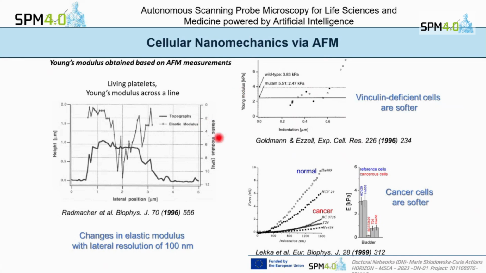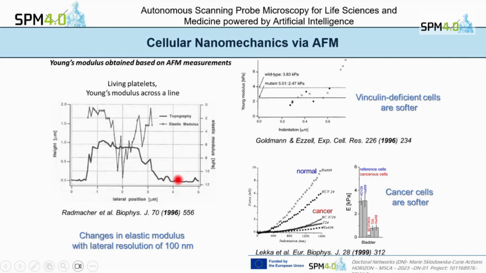Cellular nanomechanics by AFM has been tested to check what is the variability of the data we can get depending on the system, on the sample preparation, on the substrate. This has already been mentioned. So on the left, there is a graph showing just one scan.